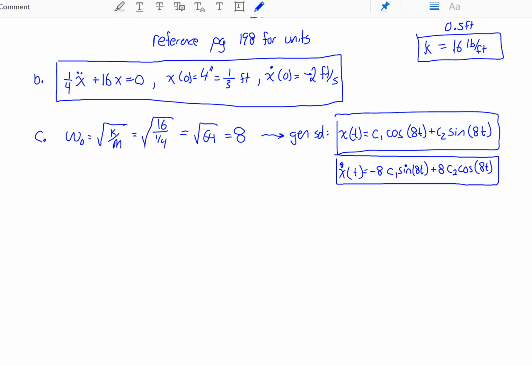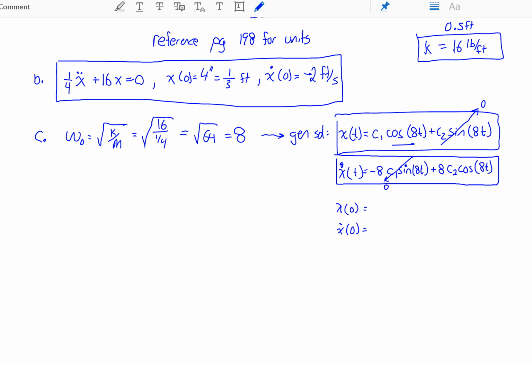For our IVP, we want to know what's going on at time 0. So let's evaluate x at 0 and your velocity function at 0. Remember, if we're evaluating at 0, sine of 0 is always 0. So both of these terms will consistently always go away.